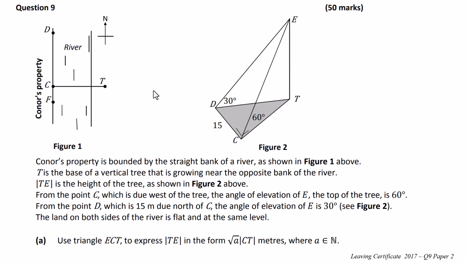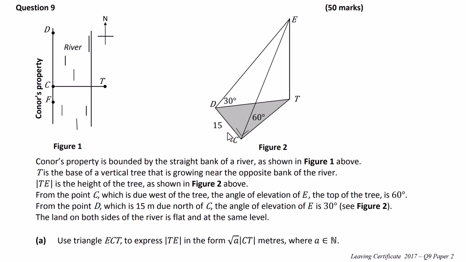Now here's a question you could try yourself. It's question 9 on the 2017 paper. We're told that Connor's property is bounded by the straight bank of a river as shown in figure 1. T here is the base of a vertical tree that is growing near the opposite bank of the river. TE is the height of this tree as shown in figure 2.